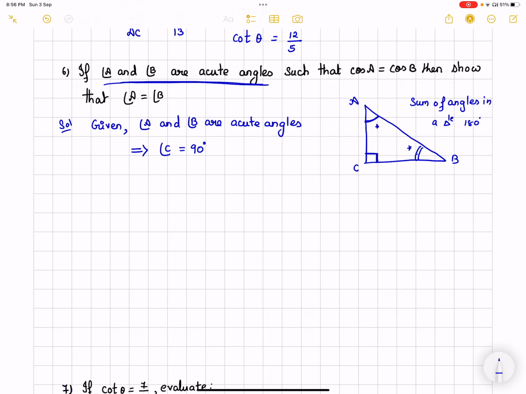So based on that, I got the information that angle C is equal to a right angle, 90 degrees.